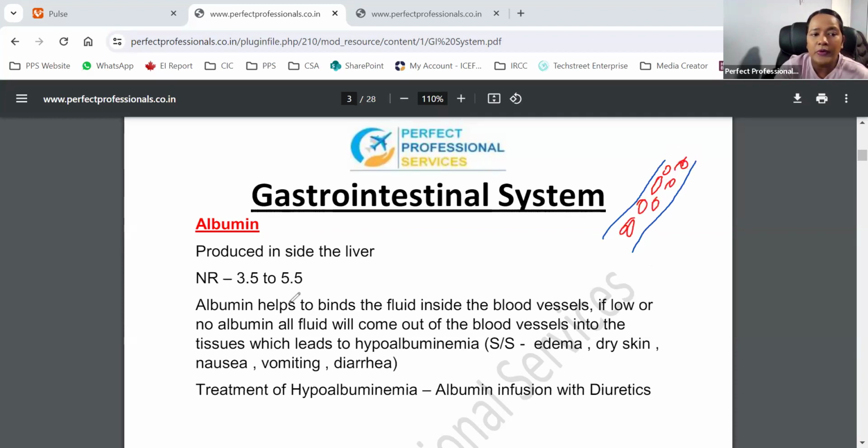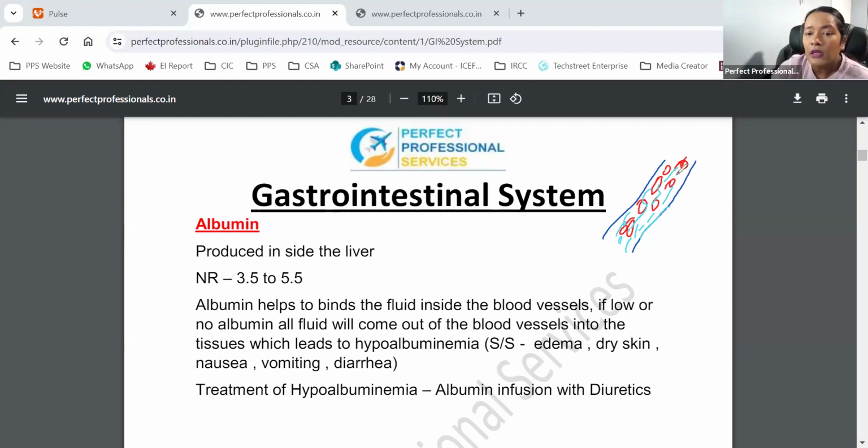Here we have fluid as well. Now, how much of this fluid stays inside the blood vessels? Cells and blood vessels have a semi-permeable membrane, right? We will see the details related to semi-permeable membrane and movement of fluid in the IV fluids later.